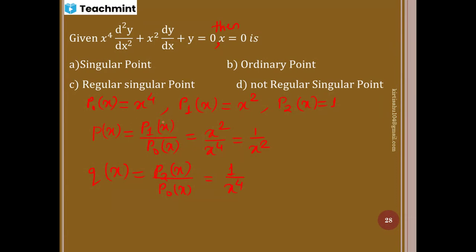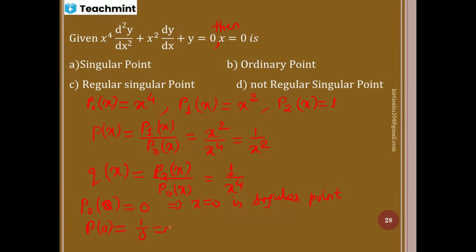Now let's find out whether a point is a singular point or not. So we will find out p0 of 0. Obviously p0 of 0 is 0. So this implies x equal to 0 is a singular point. Now let's go further. We will find out capital P of 0, which means the value of this at x equal to 0.